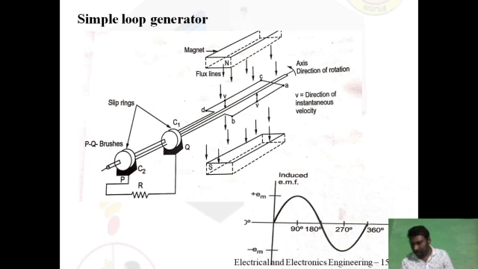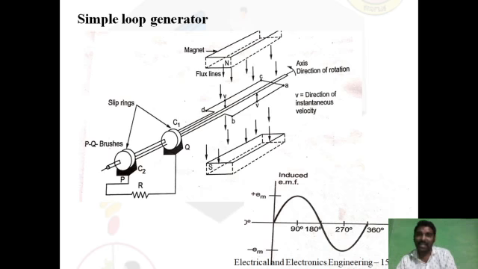Here the conductor is rotated with the help of prime movers such as a diesel engine, steam turbine, or water turbine. In the lab we will rotate it with the help of DC motors.